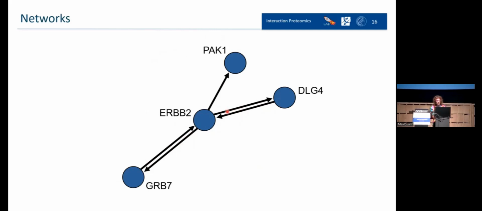We can see that, for example, this interaction is in both senses. So whether you take a bait for ERBB2 or a bait for DLG4, you will always find the other protein, but maybe in this case, it's not so. If you use PAK1 as bait, you're not going to find this protein, because of the type of interaction that happens between these proteins.